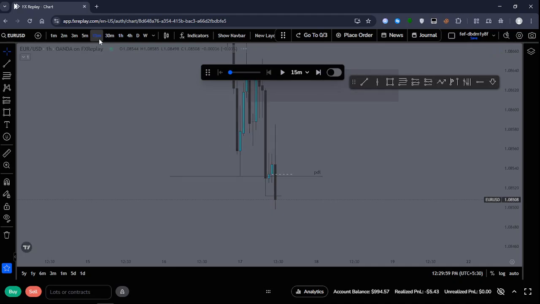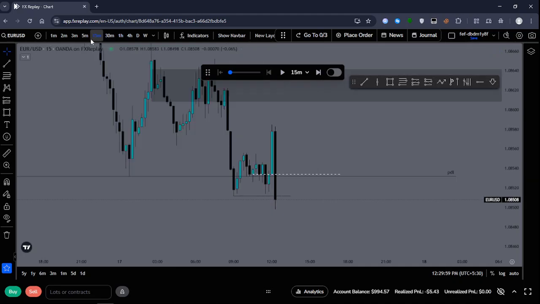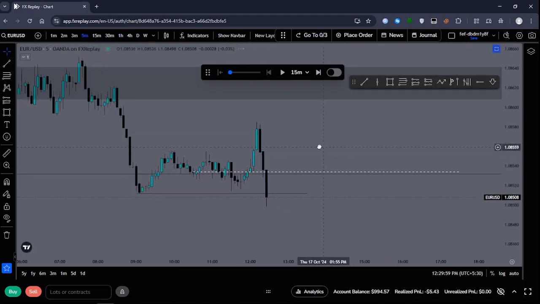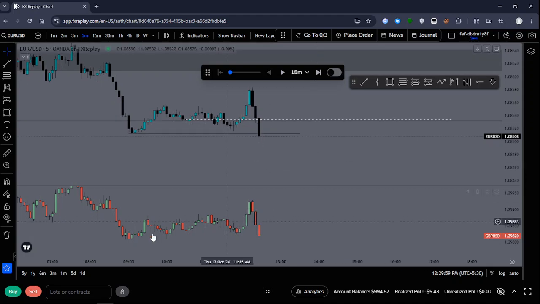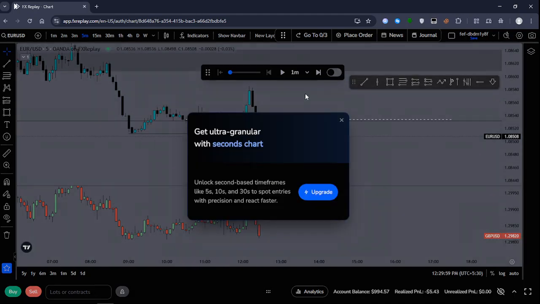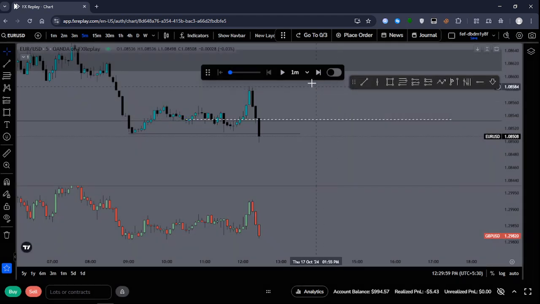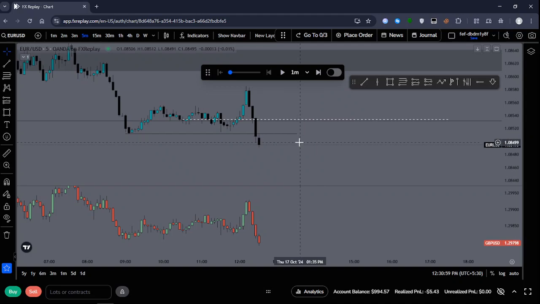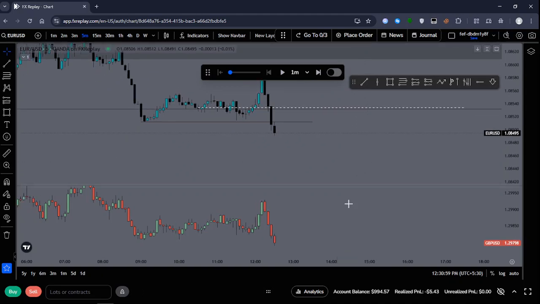So looking at this from the 15-minute perspective, 1 hour, 5 minute. Let's select the 1 minute time frame. What am I looking to see here is no divergence, proper model formation and everything.